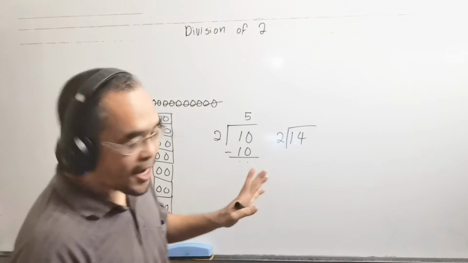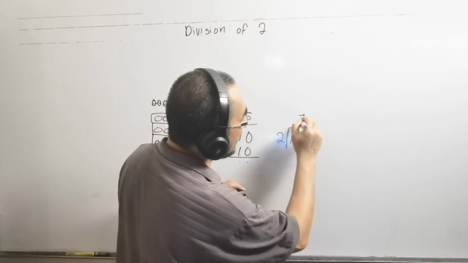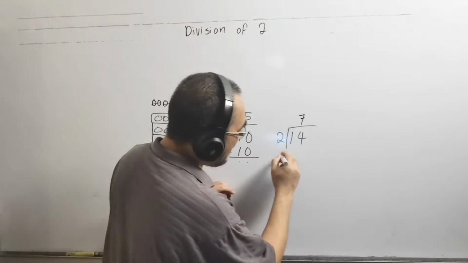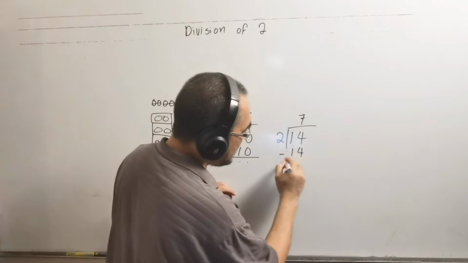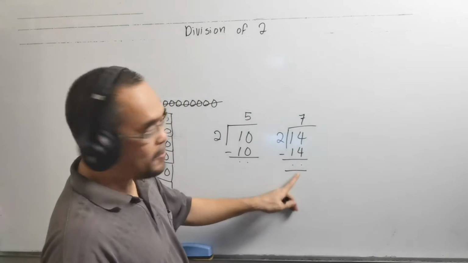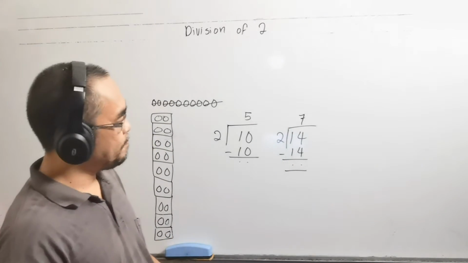Seven. How do you write 7? 7 should be written on top of 4. Okay? And then minus here, 14. Because 4 minus 4 will be 0. 1 minus 1 also 0.